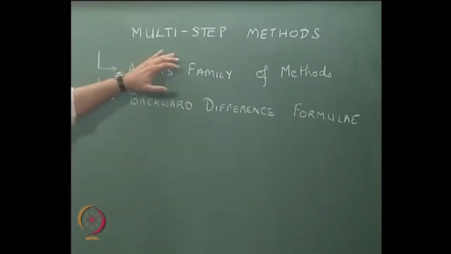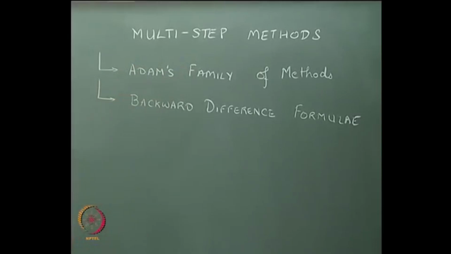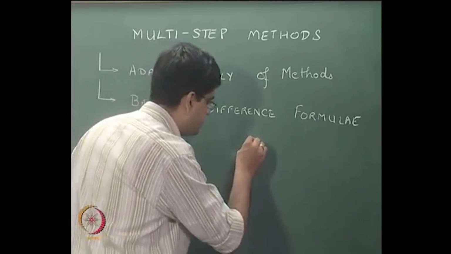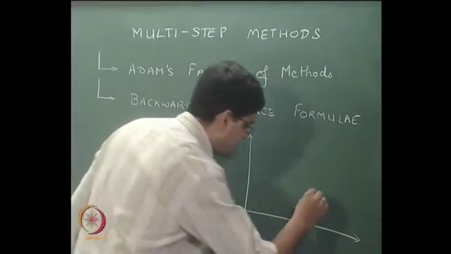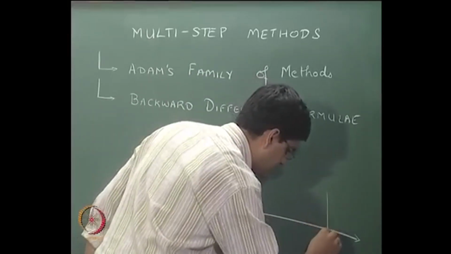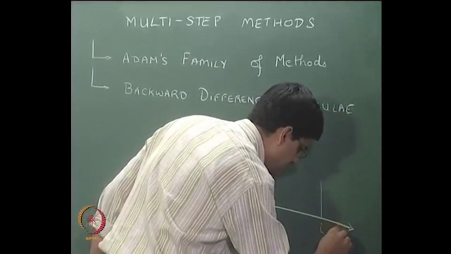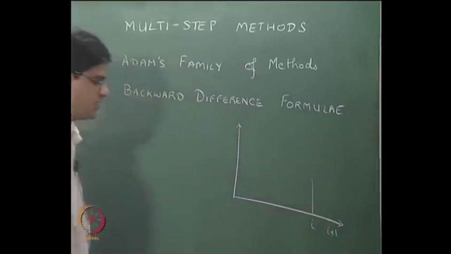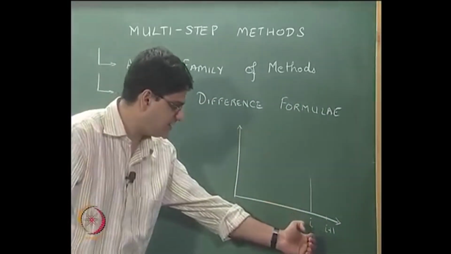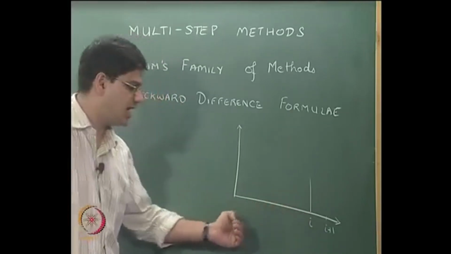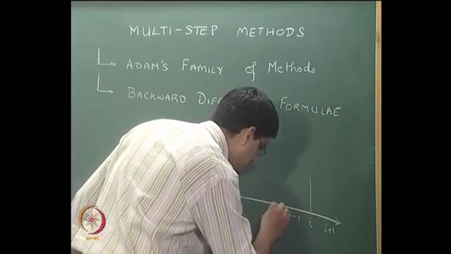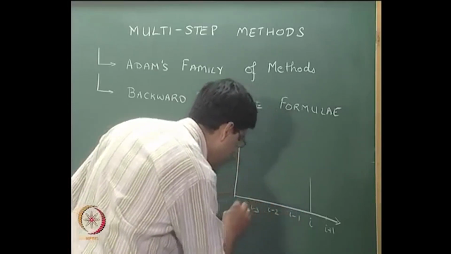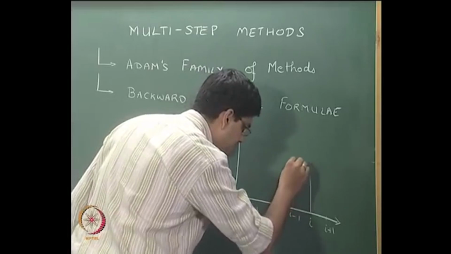Okay. A general way of writing the multi-step method is as follows. I will first talk a little bit about the geometric interpretation of this, and then we will talk about how exactly we are going to get it. Let us say we are currently at location i, the next one is location i plus 1, likewise the previous locations are i minus 1, i minus 2, i minus 3, and so on.